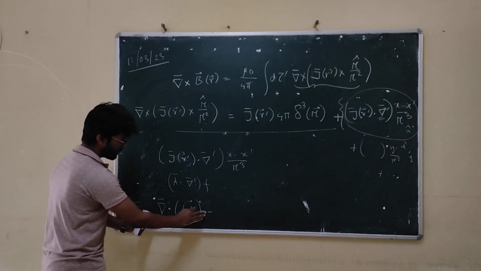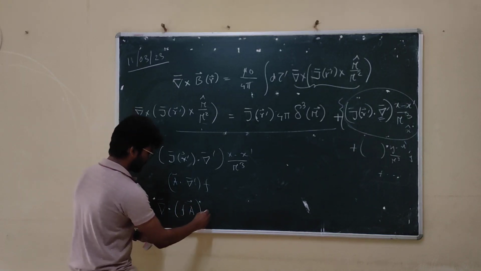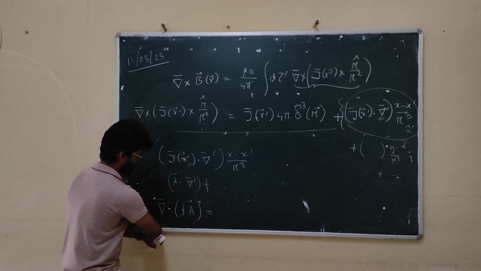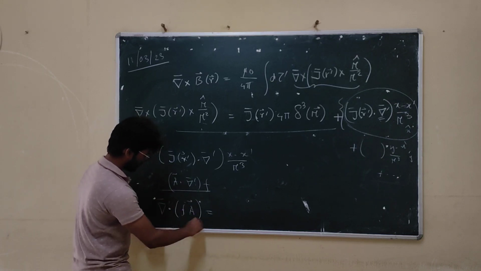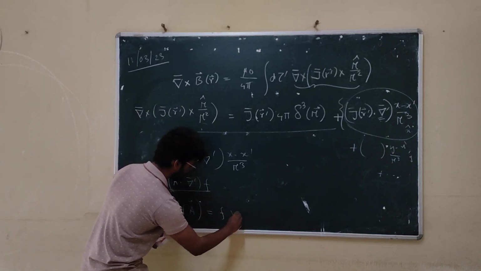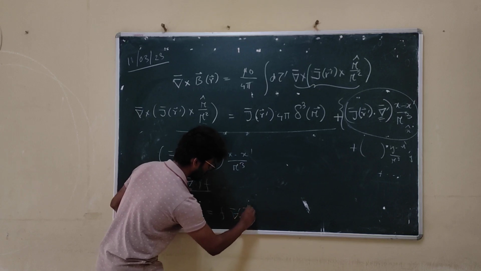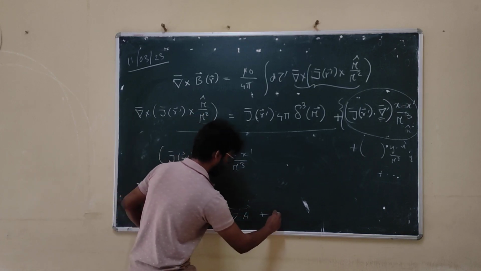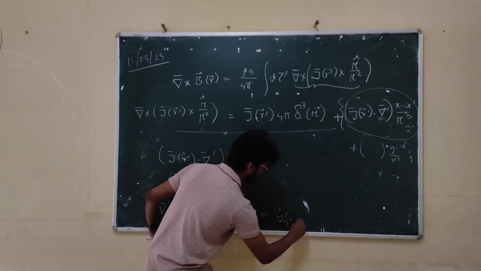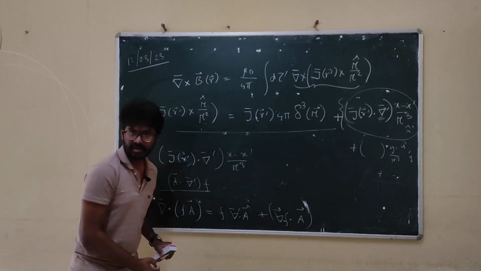If you expand this, what will you get? You will basically get del F times del dot A plus del F dot A.